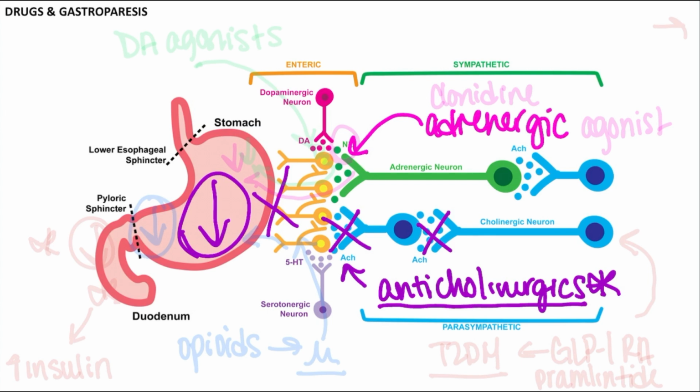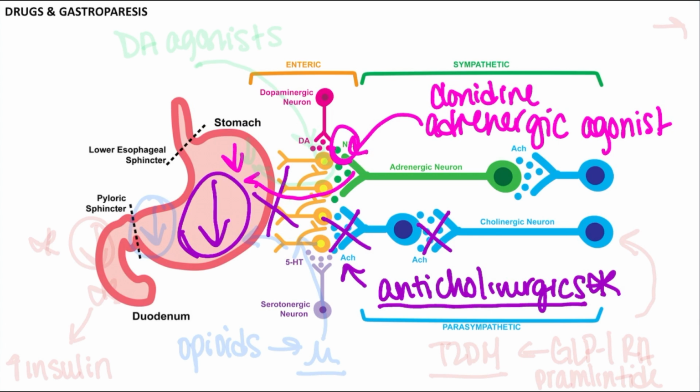The next agents we'll talk about will be the adrenergic agonists. These will activate the same receptors as the norepinephrine released by adrenergic neurons and ultimately lead to reduced gut motility. And this will again be any agent that will activate alpha or beta receptors. The one I normally think of is clonidine, which is a centrally acting alpha-2 receptor agonist for resistant hypertension.